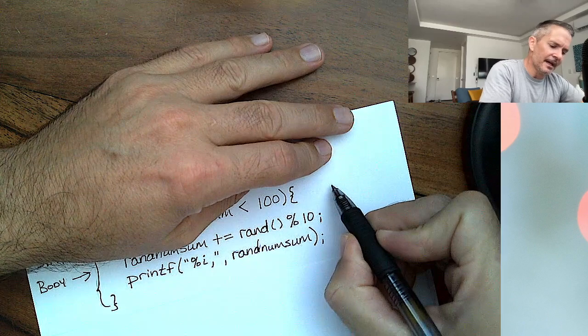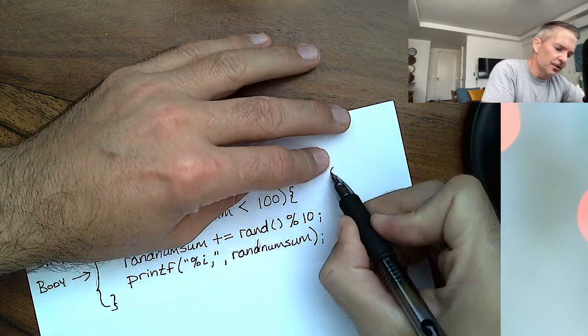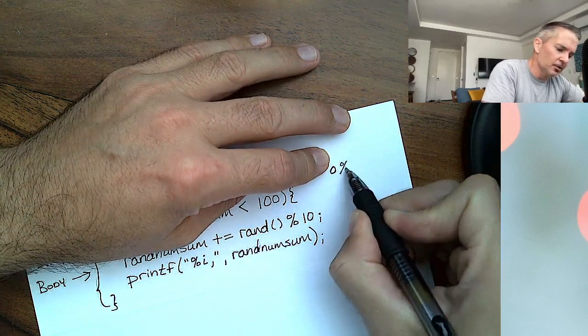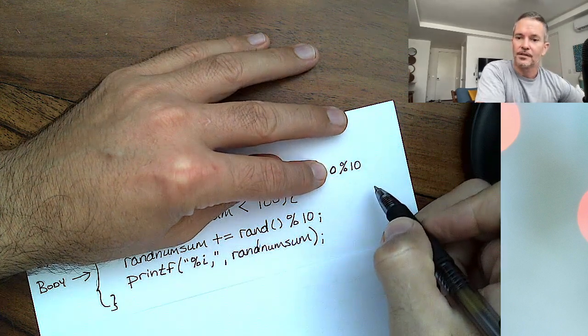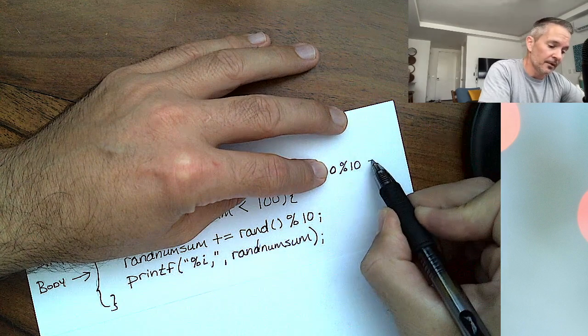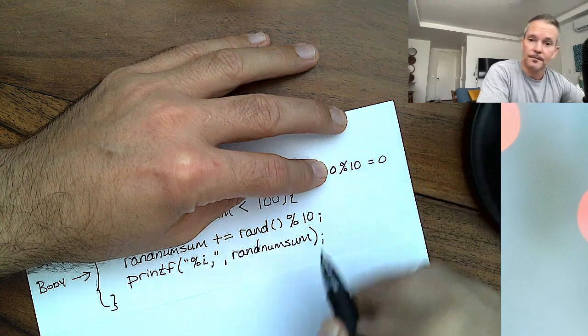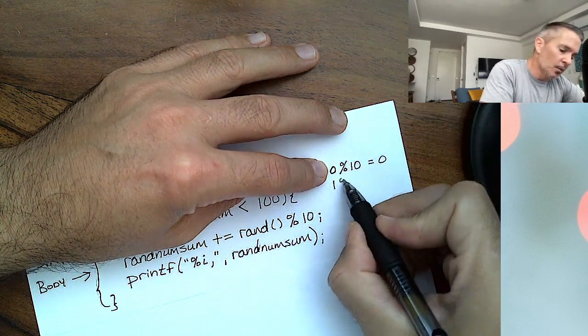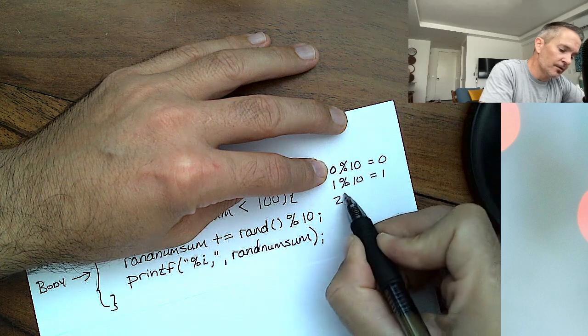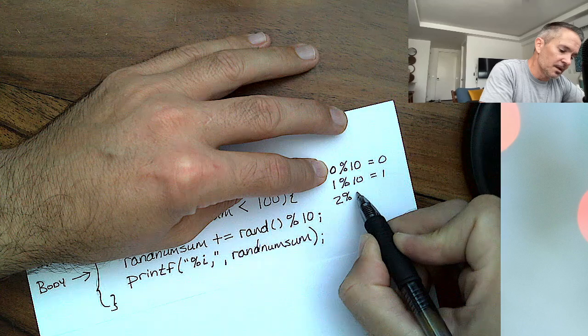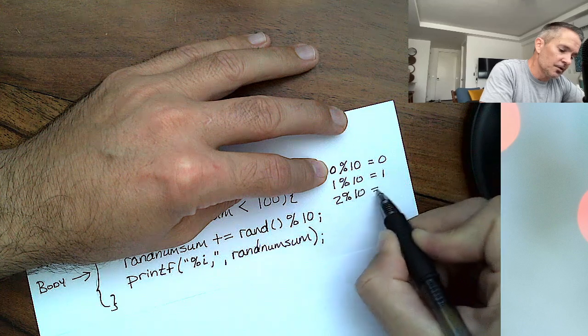So imagine that I had the number 0 and I took the modulo 10 of that. What is the remainder of dividing 0 by 10? Well, the remainder equals 0. What's the remainder of 1 divided by 10? It's going to be equal to 1. 2 divided by 10, it's going to be equal to 2.